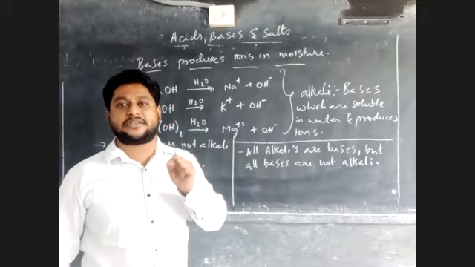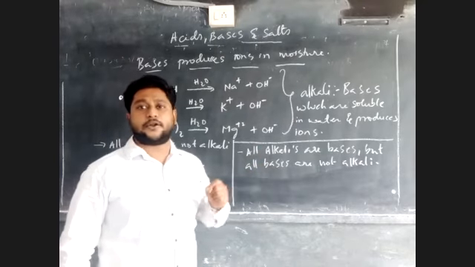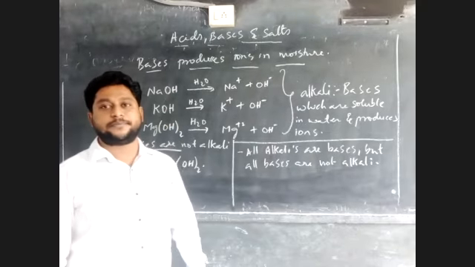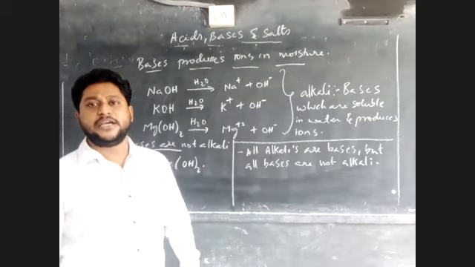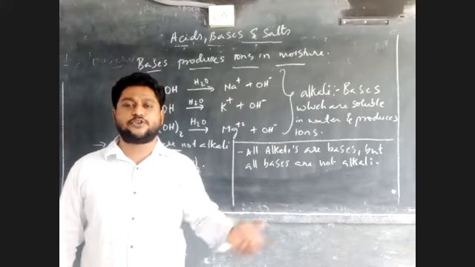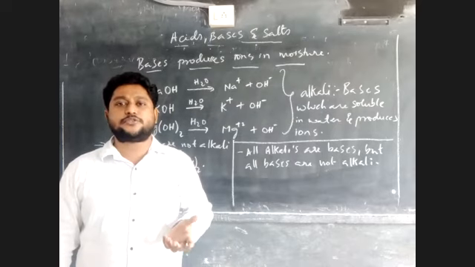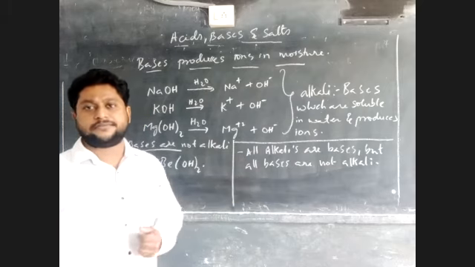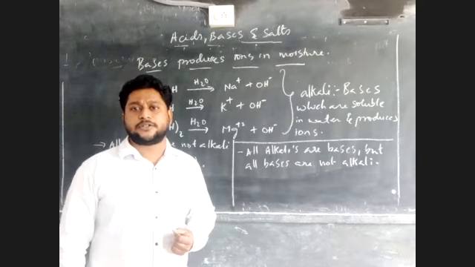So that is the reason why we give this statement: all alkalis are bases, but all bases are not alkalis. Justify with a suitable example. When acids are dissolved in water, they produce H plus ions or hydronium ions.